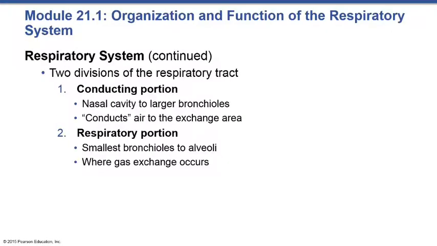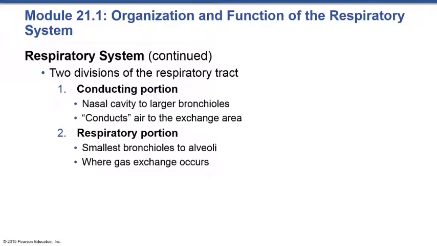Let me just go to a couple of main ideas, and that is that the respiratory system can be broken up in a couple of different ways. Recall that there is a physiological division between the conducting portion and the respiratory portion. The conducting portion is pretty much the straw that brings the air down into the respiratory portion.